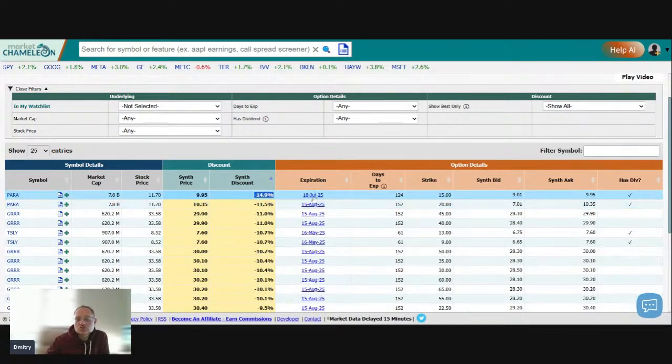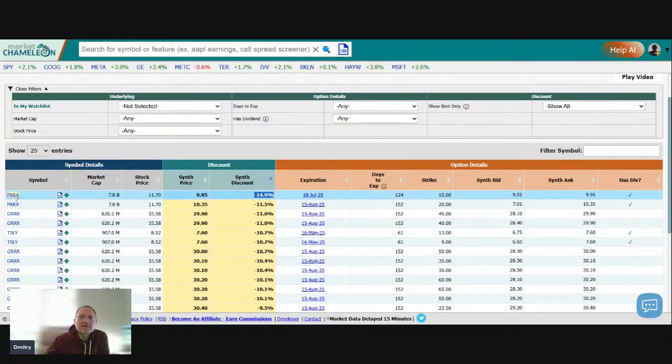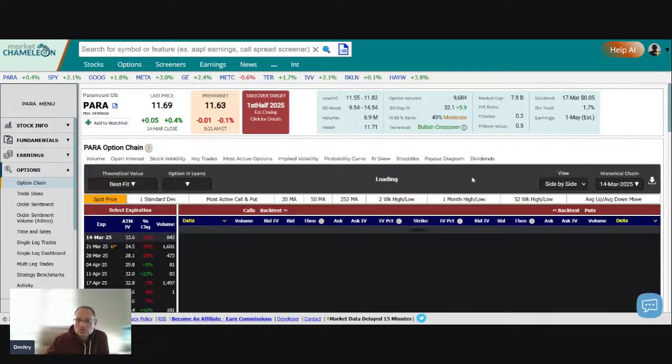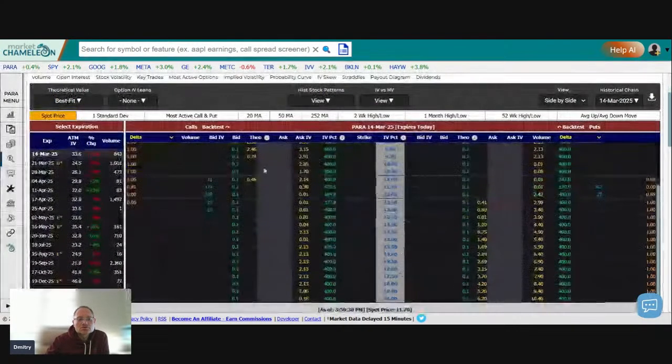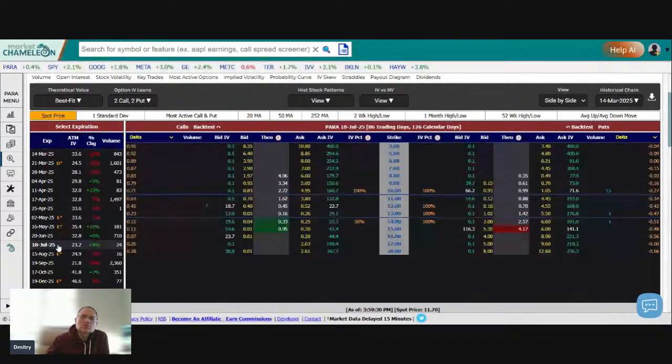So let's go to this option. I'm going to go to PARA. Okay. There is something going on here, so it seems like it might be a takeover target, but I'm not going to go through the news. I'm just going to show what that looks like. So we were looking at July, I think, over here. The July options.